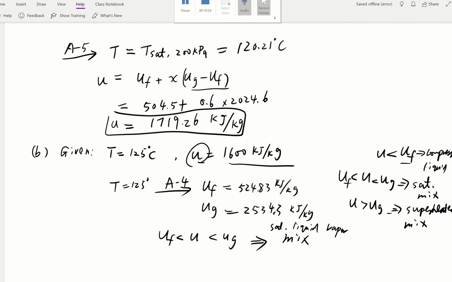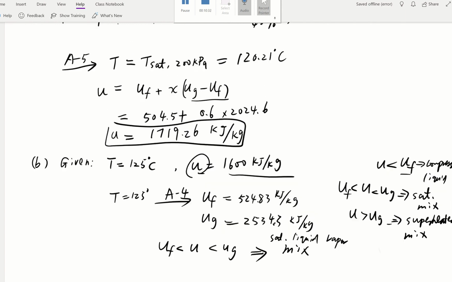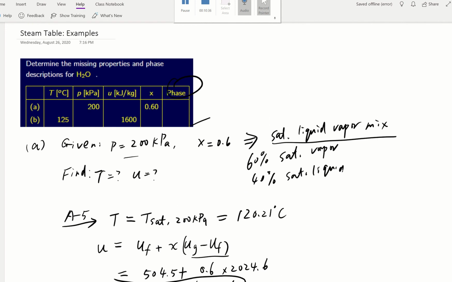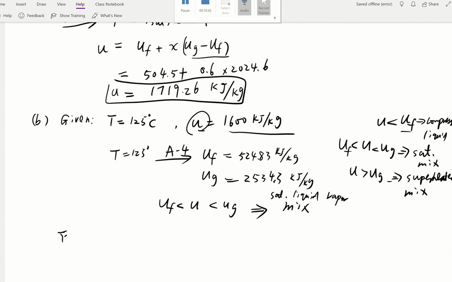It's like a verification, exploration, or whatever you call it. So this is going to be our saturated liquid-vapor mix. Now let's go back. What do we need to find out? We figured out the phase now. We just need to figure out quality and pressure.